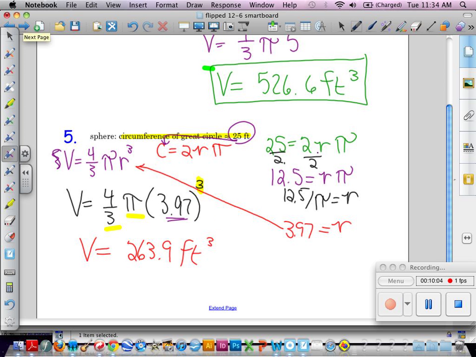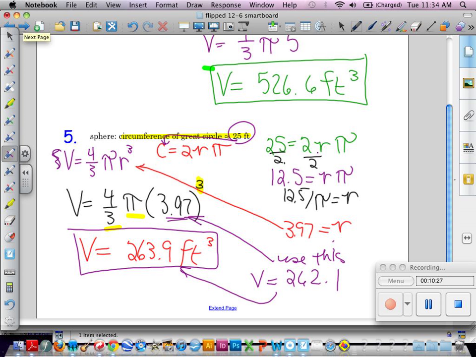If you had used the 3 and 97/100ths and not kept your calculator full, then your volume would have been 262.1. So do you guys see here that you're going to be off a little bit? You're not keeping accuracy. This is your answer. So keep your calculator full, people, and make sure that you're rounding to the correct place value.